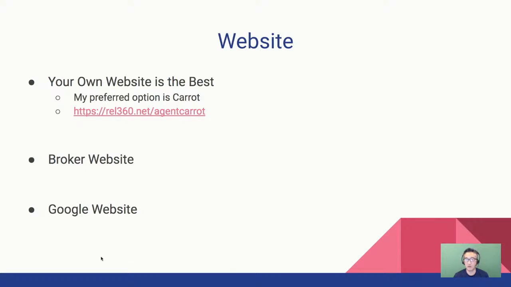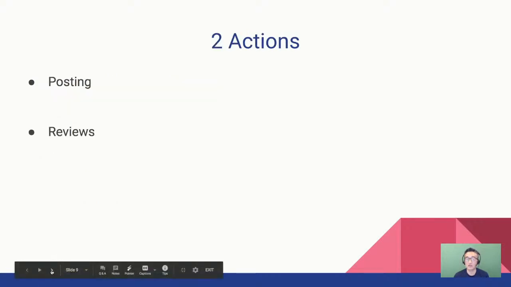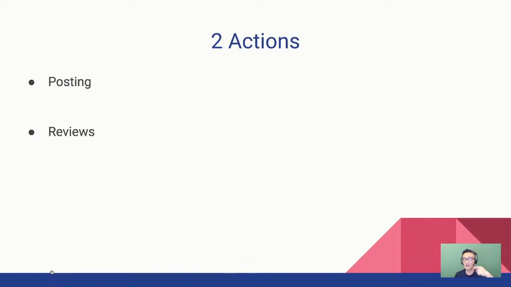The next item is the two actions you're going to need to do as a result of setting up your Google My Business. Just like with Facebook or Instagram, you have to do postings and you have to try to get reviews. There are specific strategies to automate this or make it as simple as possible.